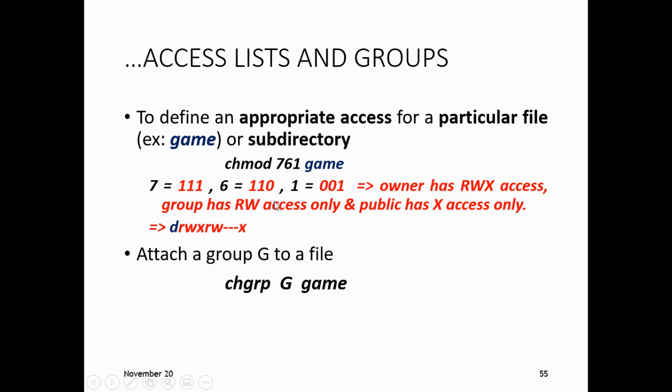Then the second one is RW, because it's a zero here, so it becomes a dash. And the final one is 001, so there is no R, there is no W, there is only one X, which is this one, dash dash X.